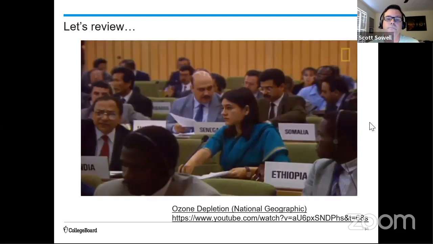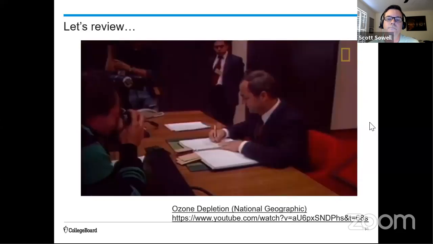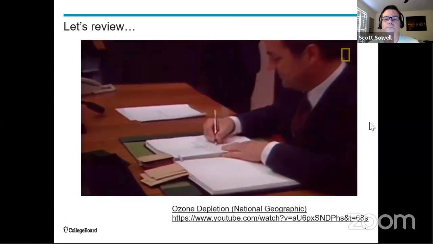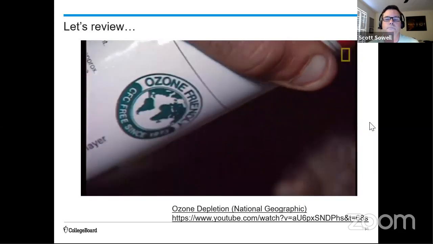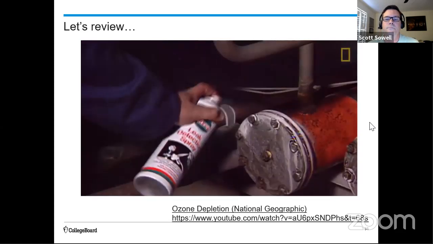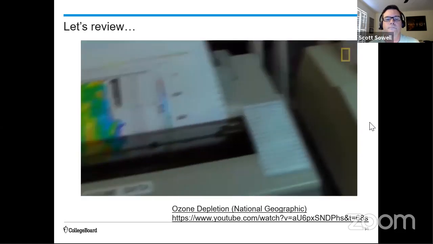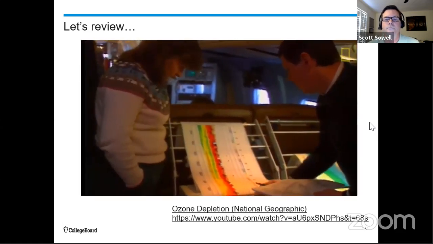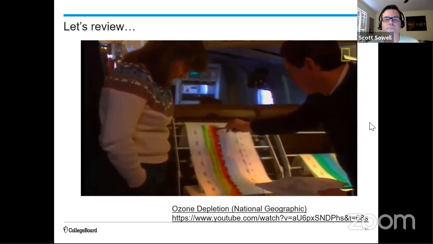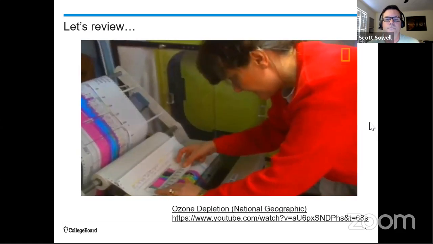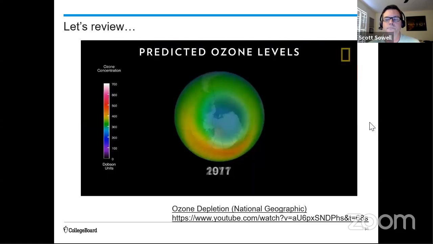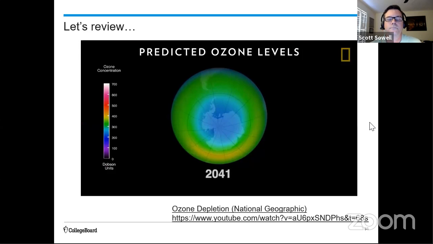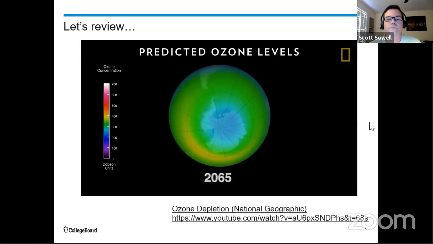In 1989, the Montreal Protocol banned the production of ozone-depleting substances. Since then, the amount of chlorine and other ozone-depleting elements in the atmosphere has been falling. Scientists estimate that chlorine levels will return to their natural state in about 50 years. By then, the Antarctic ozone hole will shrink to smaller than 8 million square miles.